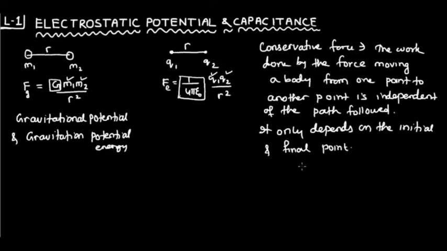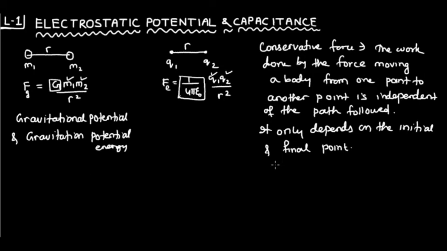Is that clear? Similarly, we'll see that if we move a point charge, a test charge inside an electric field from one point to the other point, then the work done by the electrostatic force will not depend on the path followed. It will depend on the initial point and the final point.